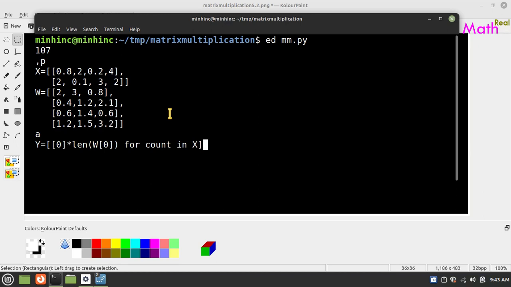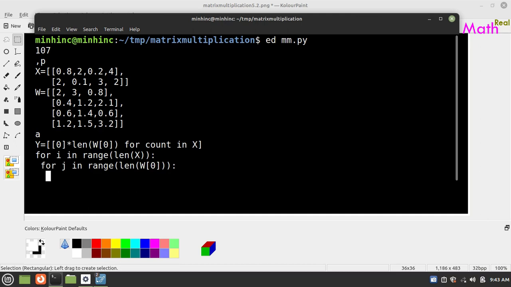So this array would have number of rows in x, and each row will have number of columns in w.